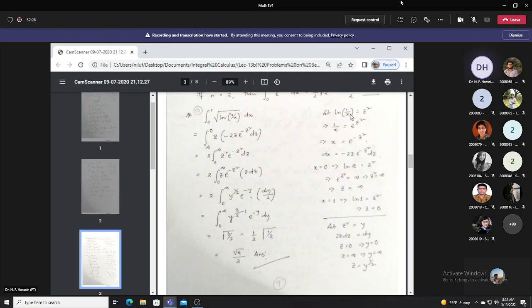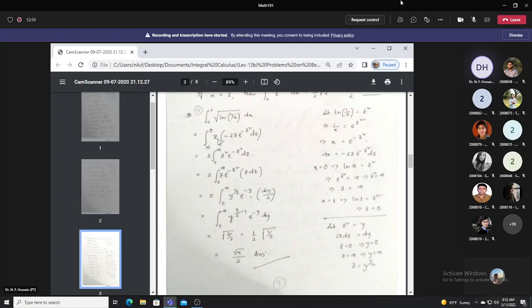Adjust the limit. When x equal to 0, z square should be ln infinity, so e to the power z square should be infinity, and that means z square should be infinity. If e to the power something is infinity, then the power should be infinity. So the upper limit is infinity, 0 to infinity.